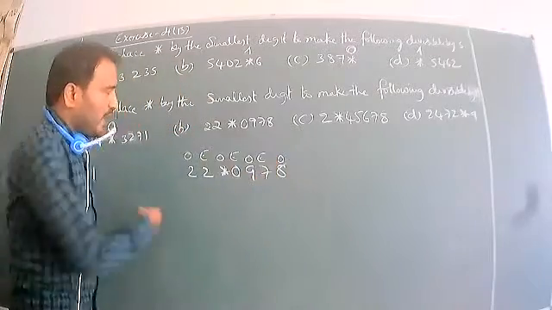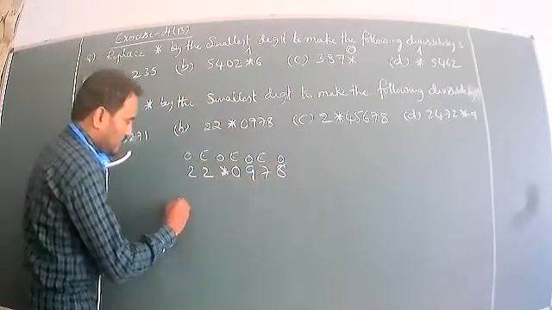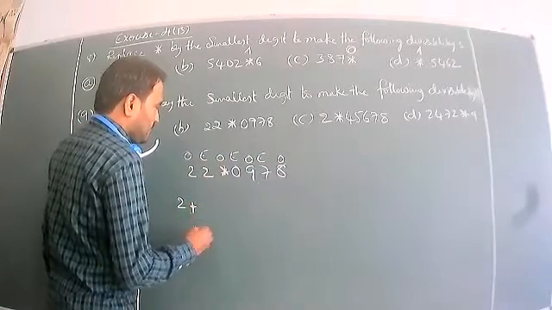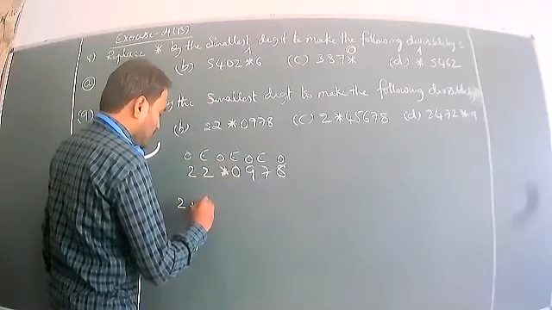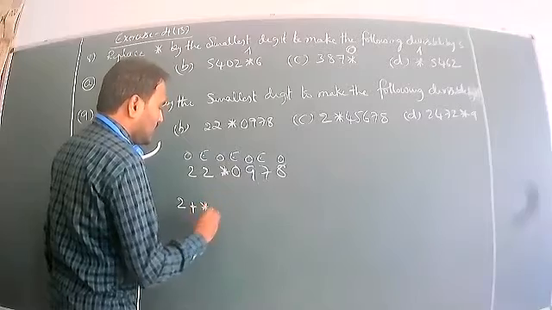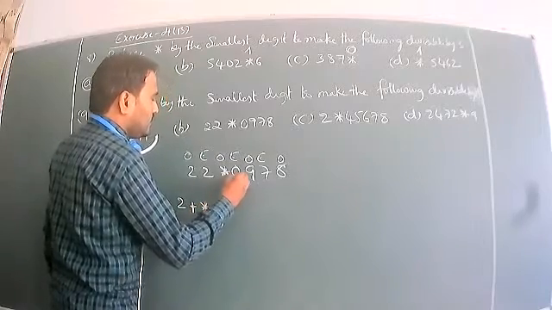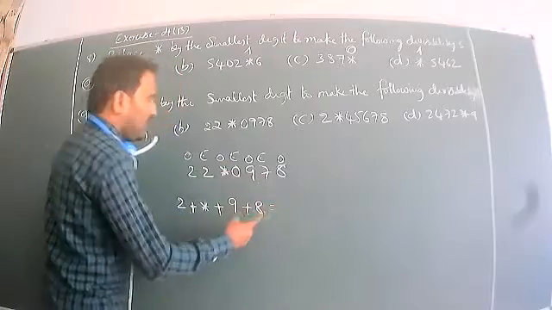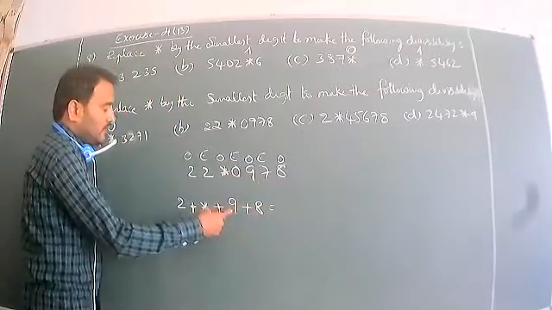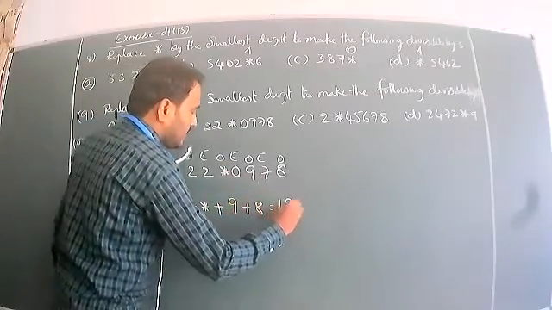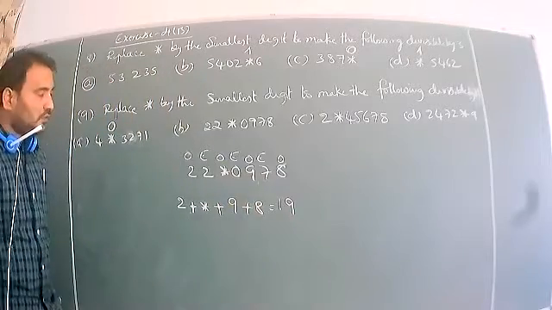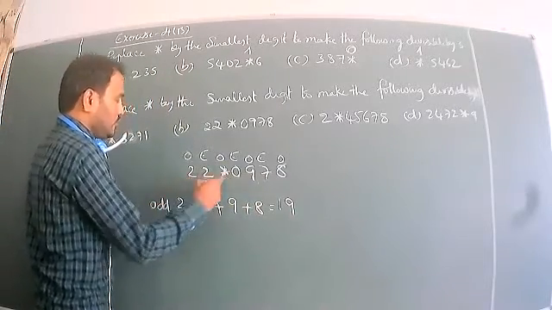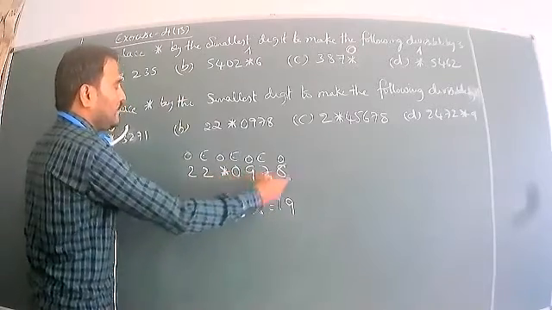First we add the odd digits. 2 plus, we write as it is, plus 9, 9 plus 8 is 17, 17 plus 2 is 19.